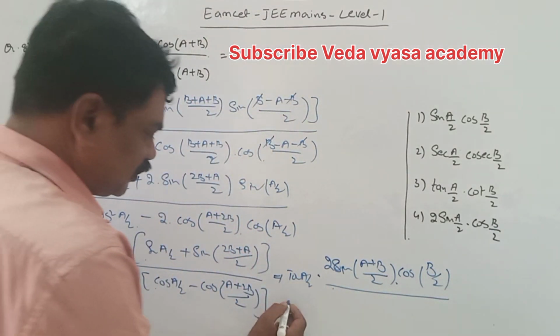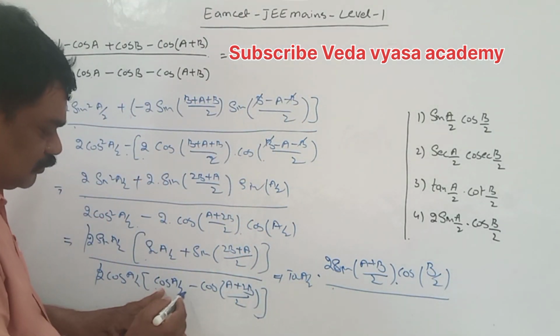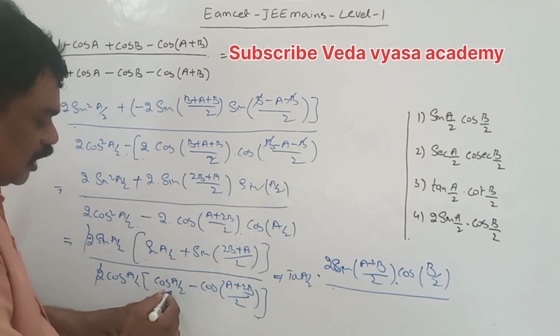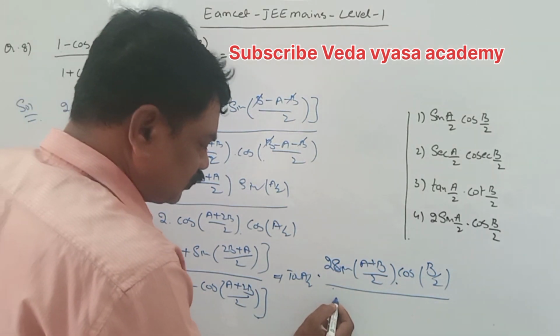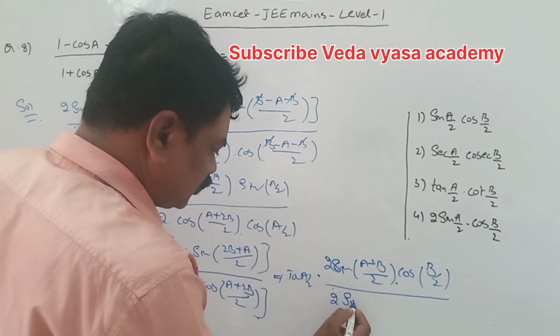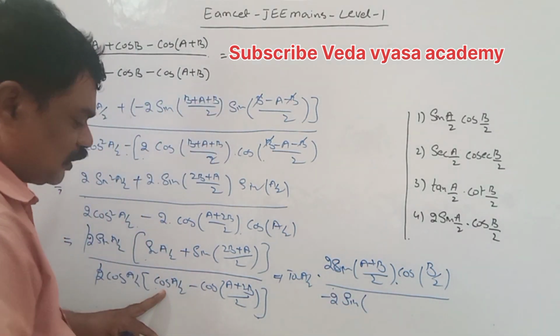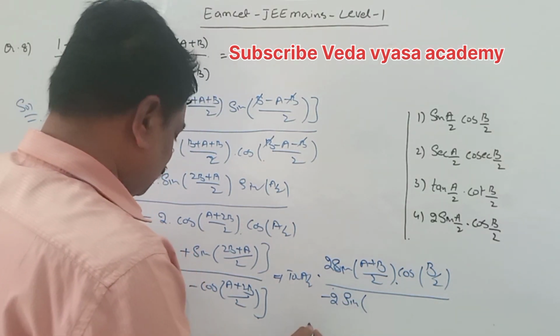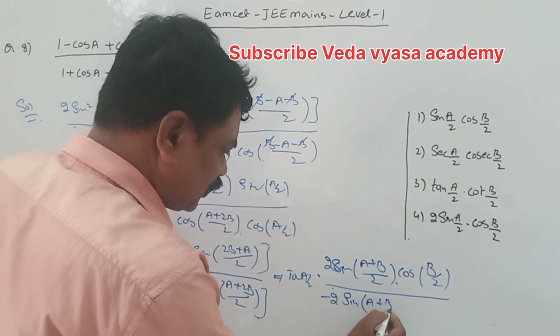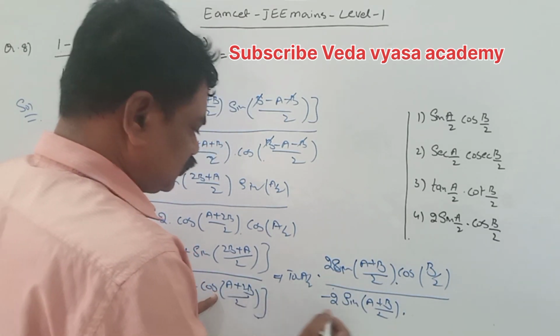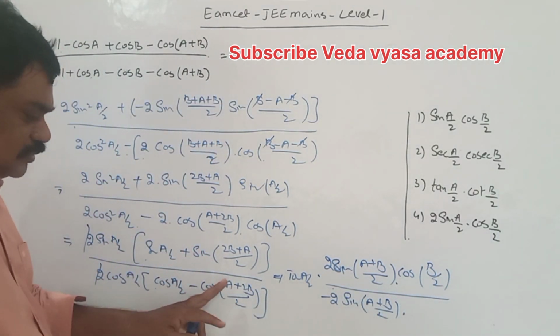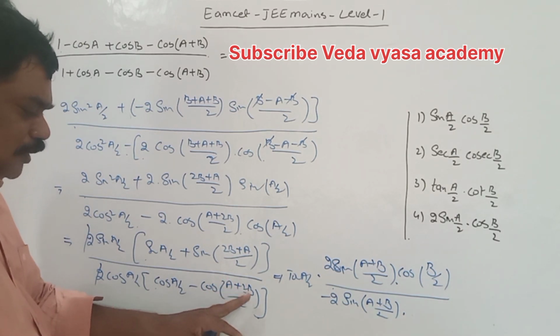Denominator: cos a by 2 minus cos b, cos c minus cos d. Cos c minus cos d is equal to what? Minus 2 into sin of a plus b by 2 into sin of a by 2 minus a by 2, 2b by 2 by 2.